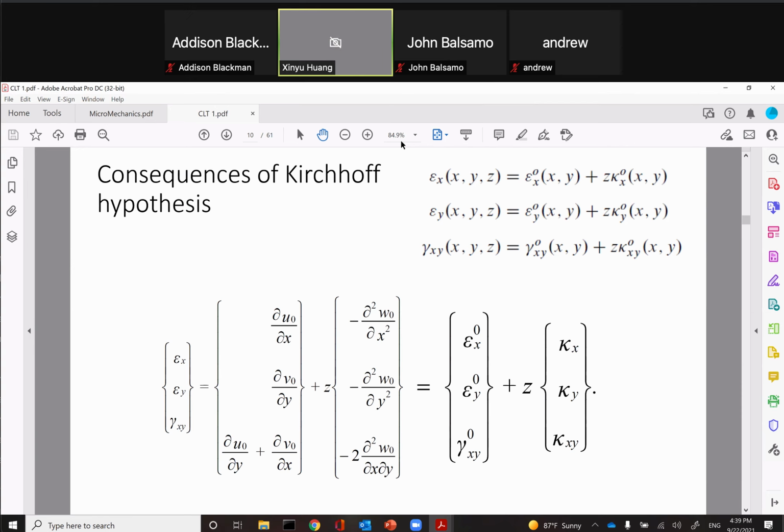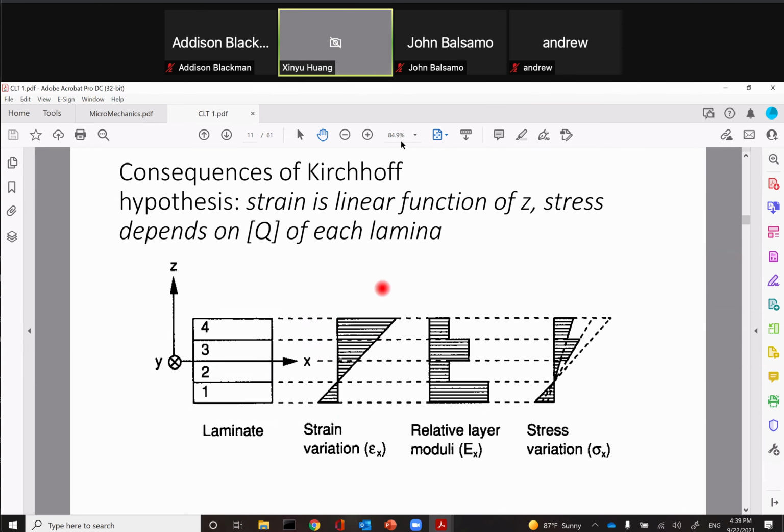So if this is the plate thickness, the strain must be a linear function of that thickness along the perpendicular lines through the material. All right.